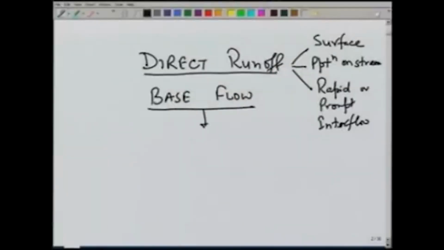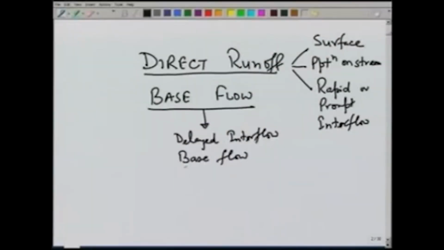The base flow component can again have two different parts. One will be a delayed interflow, and one would be the base flow. So, the delayed interflow is the component of interflow which goes into the ground and appears on the surface again, but not very fast.